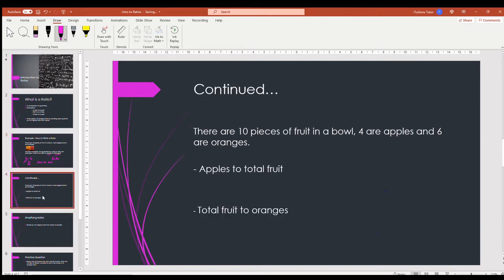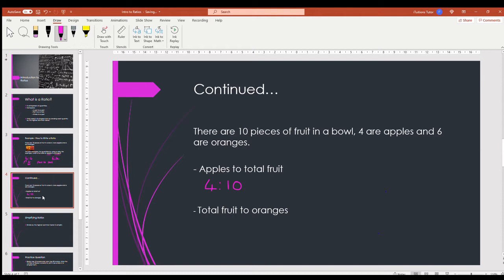Let's look at an example on comparing a part to a whole. For example, what is the ratio of apples to the total fruit in the bowl? Well, the ratio would be 4 to 10 because we have 4 apples and we have 10 pieces of fruit altogether.